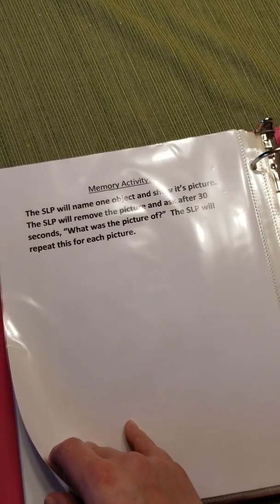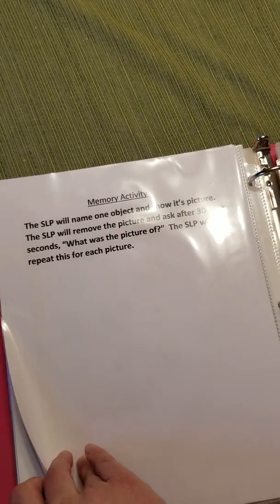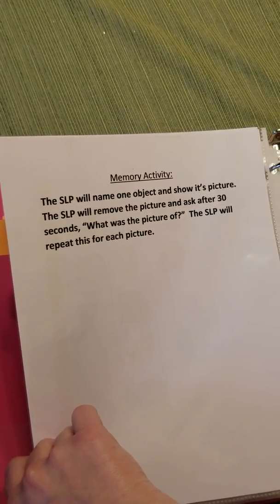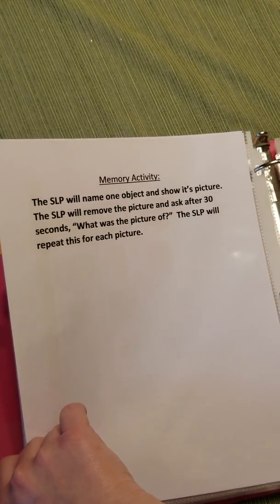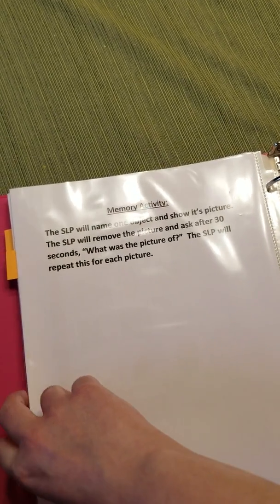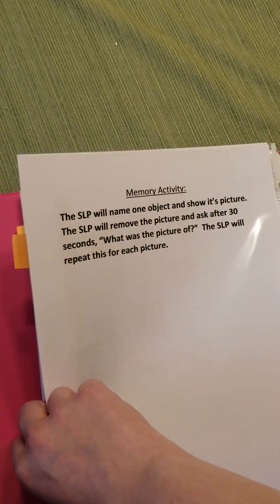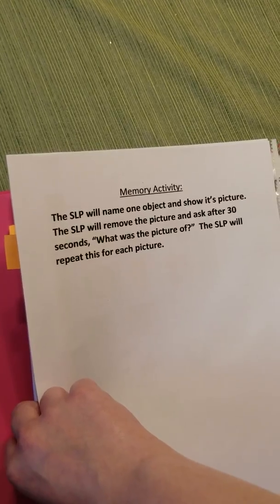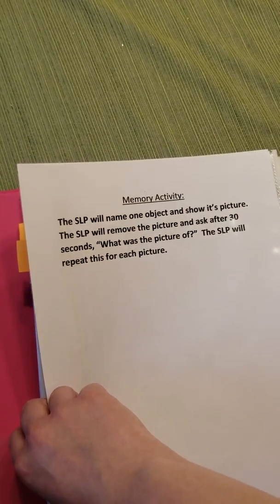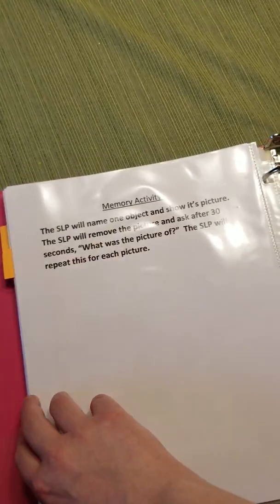So basically, the SLP would name an item, show its picture, and then the SLP will remove the picture and ask after 30 seconds what was the picture of. And obviously, you can do more than 30 seconds. It just depends on where the client's level of memory, I guess, and attention is.